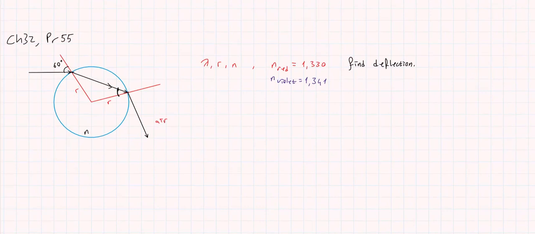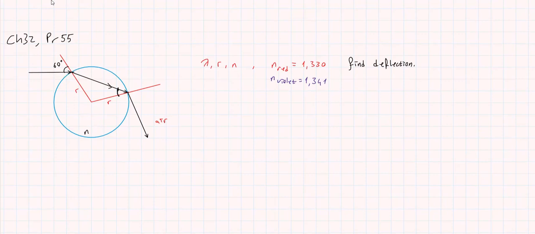In this question, we have a spherical raindrop with radius r given in here. The question asks for the deflection angle. I will give the definition of deflection angle in a minute. So we can see that the light incident from air hits the raindrop in here with a 60 degree incidence angle.